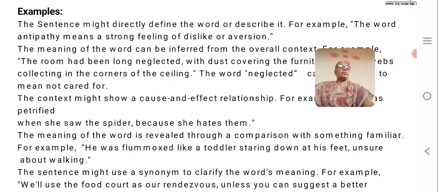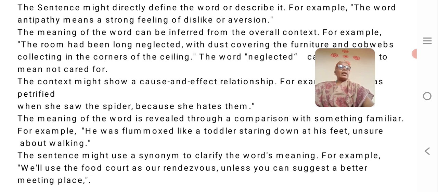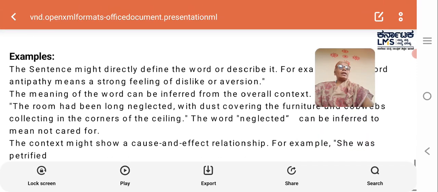The meaning of this word can be inferred from the overall context. There will be no direct definition, but you can infer the meaning with the help of the overall context. For example, the room had been long neglected, with dust covering the furniture and cobwebs collecting in the corners of the ceiling. Here, the difficult word is neglected.